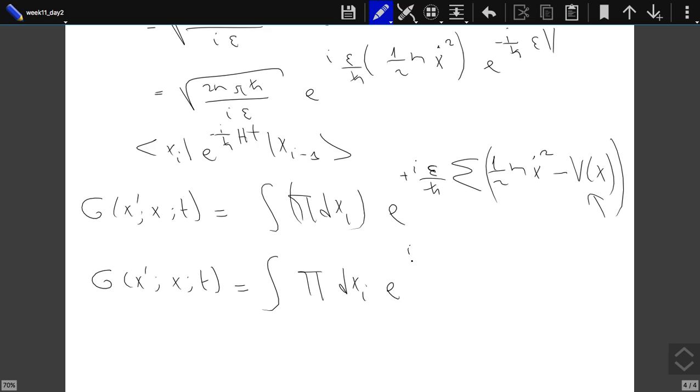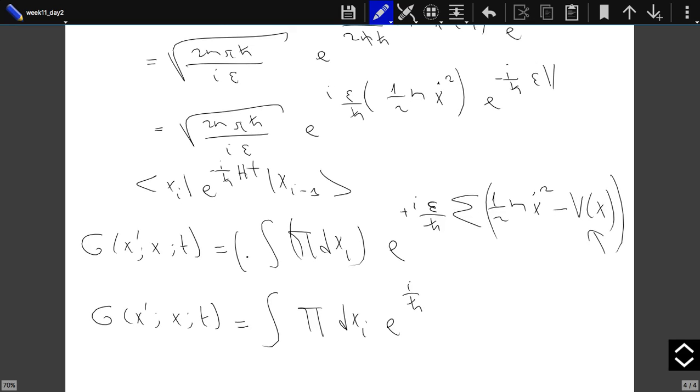And again, if we just take the limit as epsilon goes to 0, I also have these factors, (2 m pi h bar over i epsilon) to the power n over 2, right? All these factors over here.